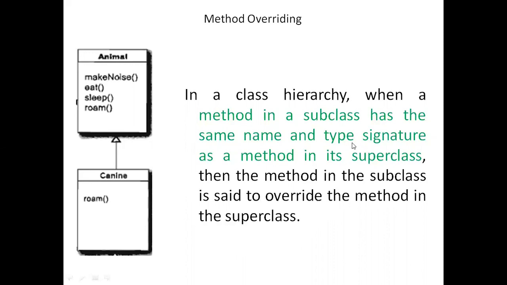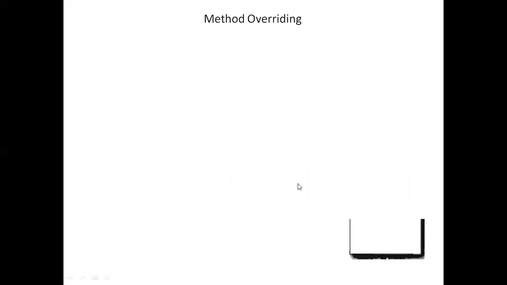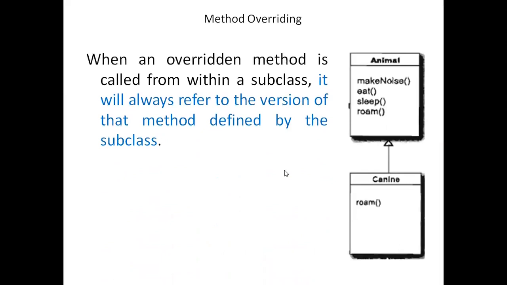Then automatically the method in the subclass is overriding the method in the superclass. When an overridden method is called from within a subclass, if I call this Roam method from the Canine class, then the changed version, the overridden method version, will be called. It will refer to the version of that method defined by the subclass, not the parent class.